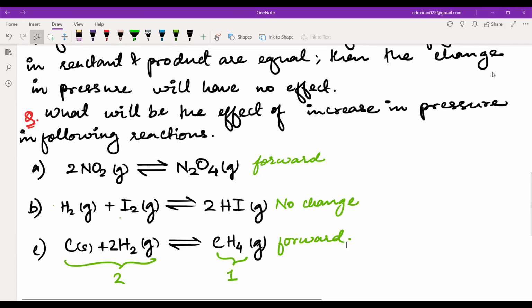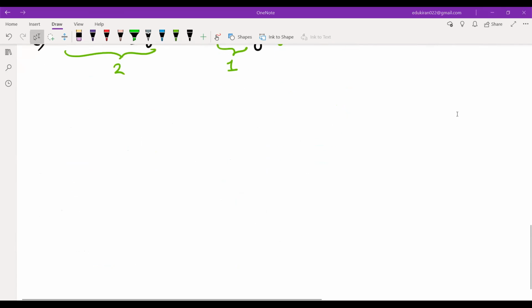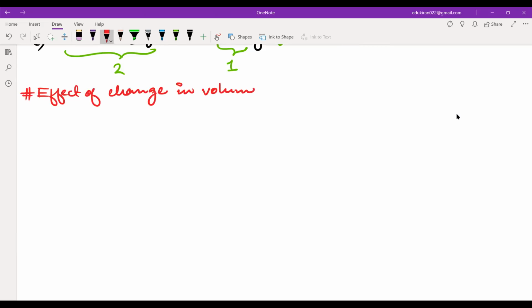Right, next, effect of volume. Effect of change in volume.